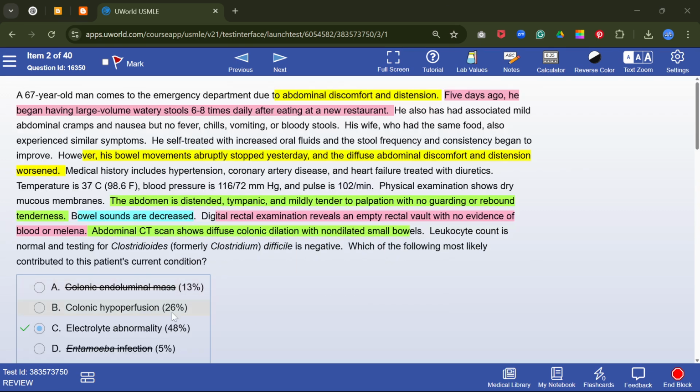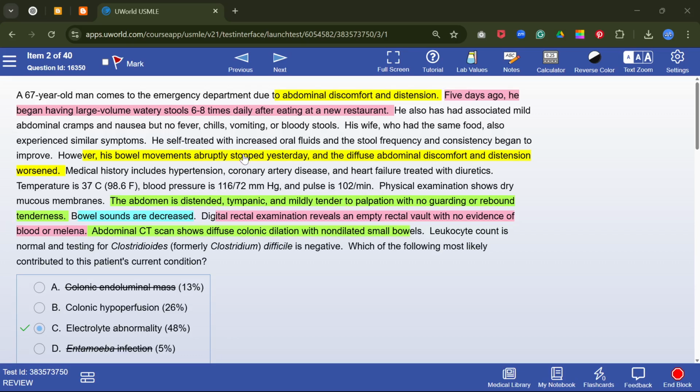Look at this stem. A 67-year-old man comes to you with abdominal discomfort and distension. Five days ago, he had large-volume watery diarrhea 6 to 8 times after eating at a new restaurant. There was mild abdominal cramping and nausea, but no fever, chills, vomiting, or bloody stool.